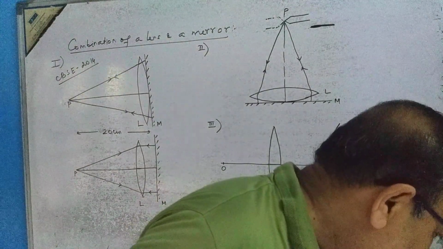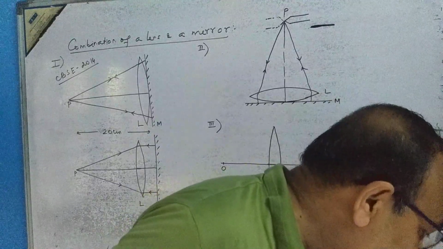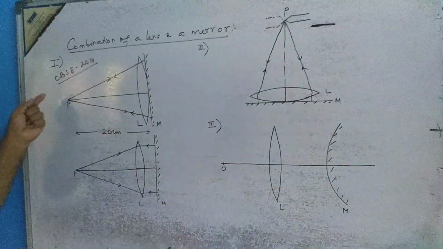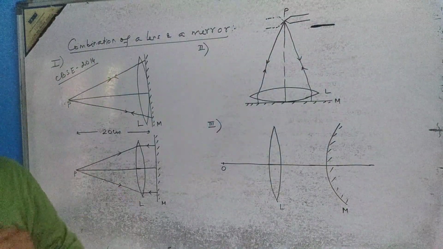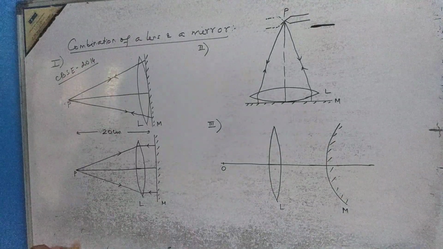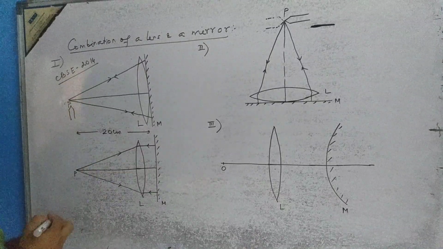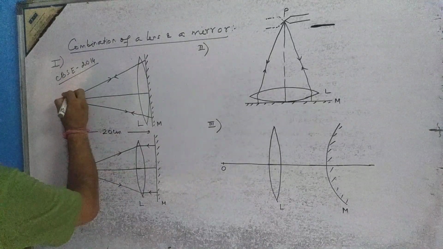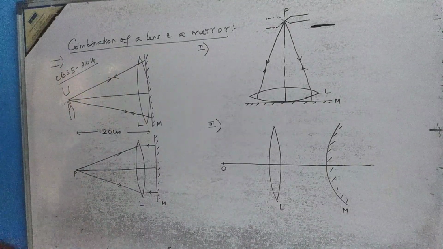An object is placed right here, in front of this combination, whose image is coinciding with itself. How can you say that it will be coinciding? If you place an optical pin here, then its image will also be formed here only, at this point.